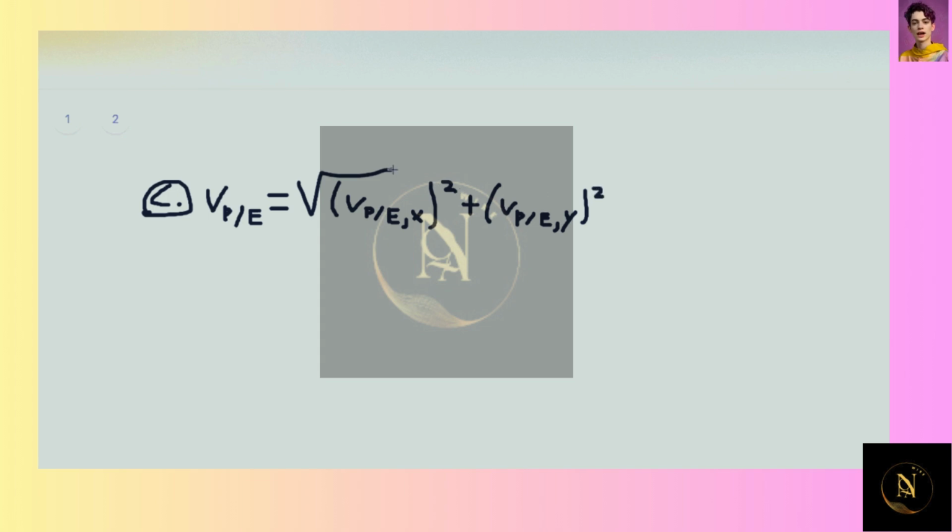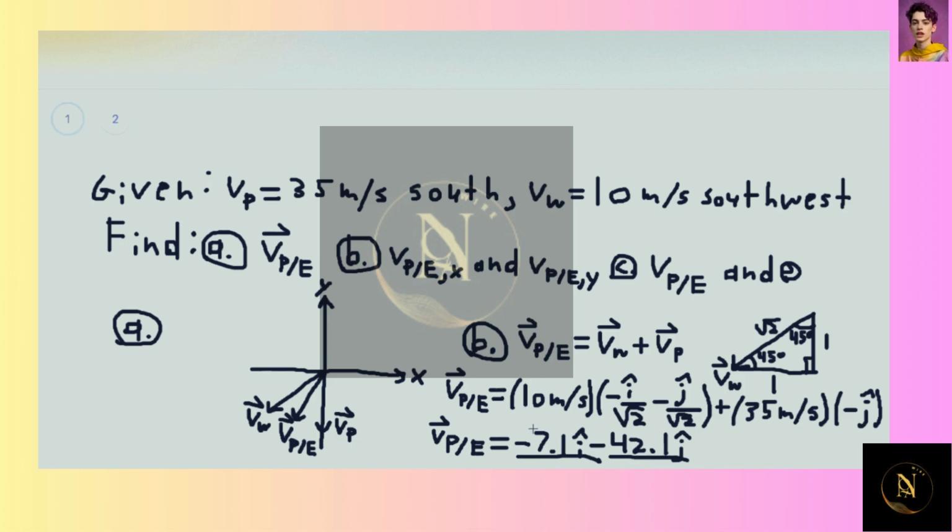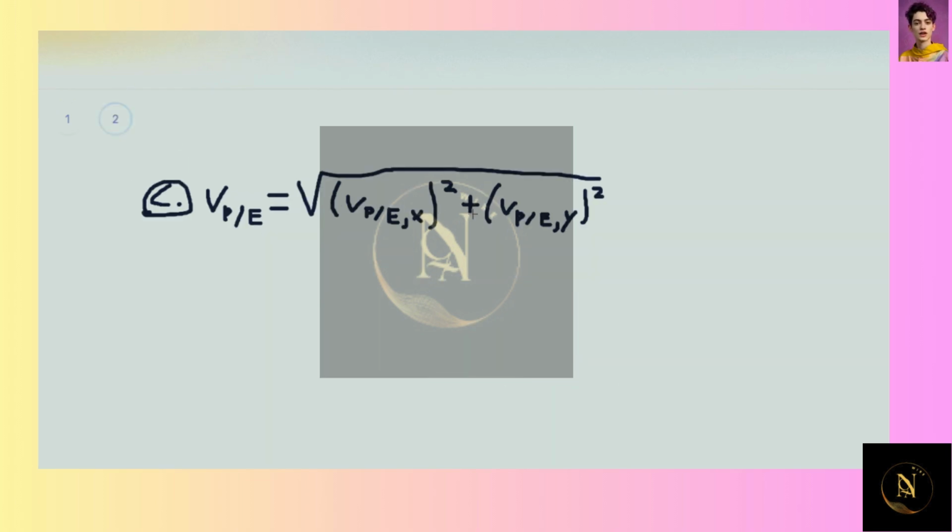So we know from B that the x component is going to be negative 7.1, and the y component is going to be negative 42.1. So we plug in those for the x and y components, and we get a result for the magnitude.